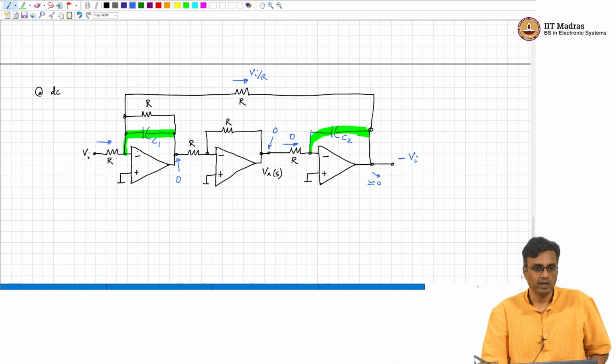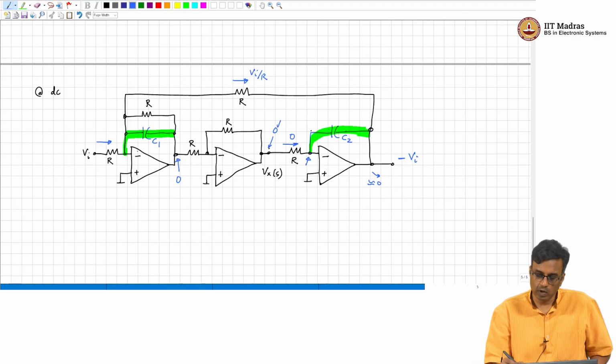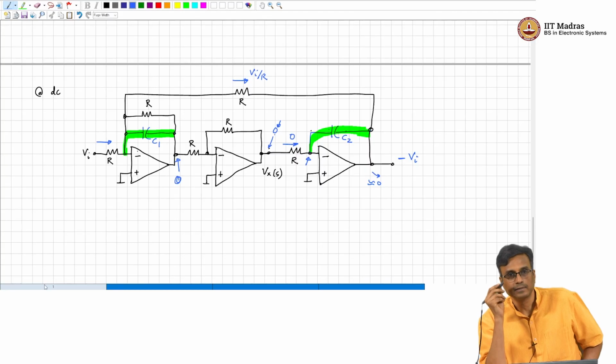It is approximately 0, and this voltage is 0. So, this voltage is also going to be 0. What comment can you make about this current? Through which impedance will it flow?